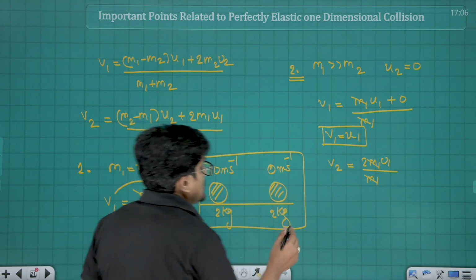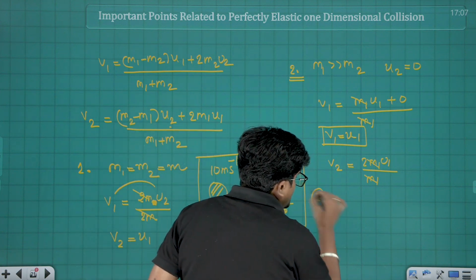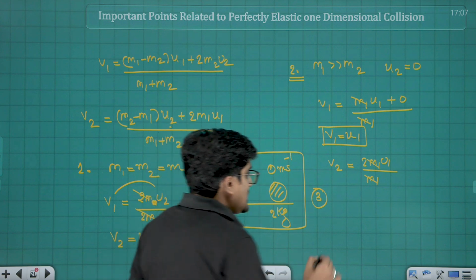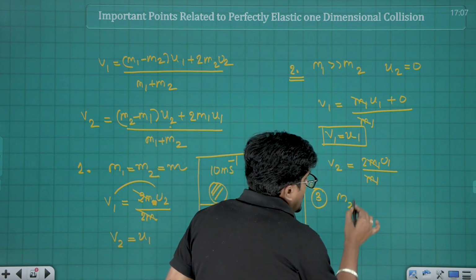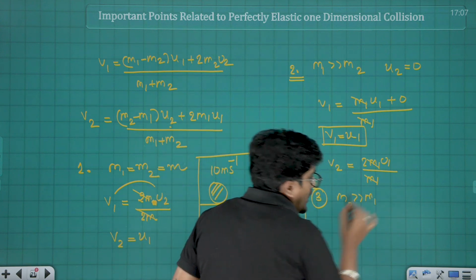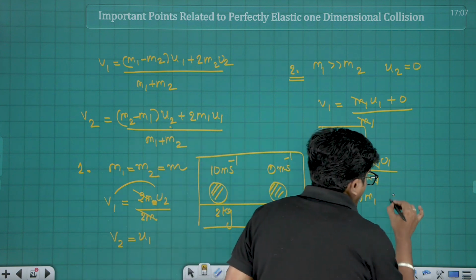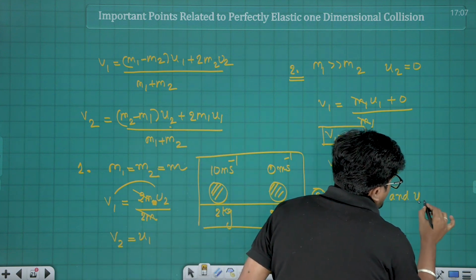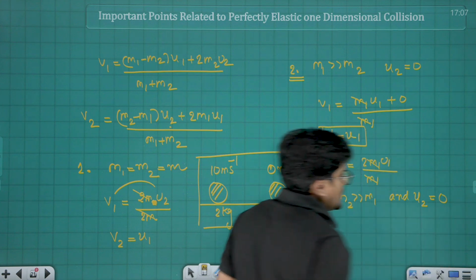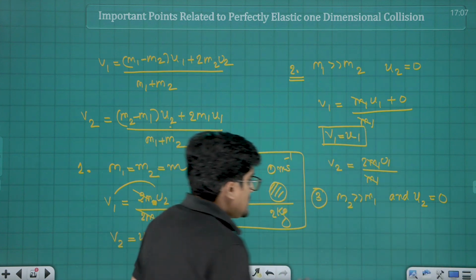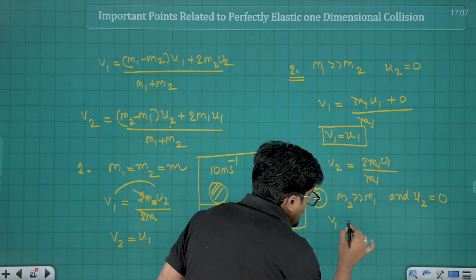Okay, the third special case, number 3, that is m2 is very, very greater than m1, and again u2 is 0. So let's see what's going to be the value of v1.